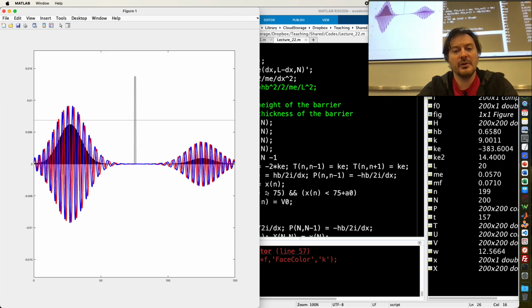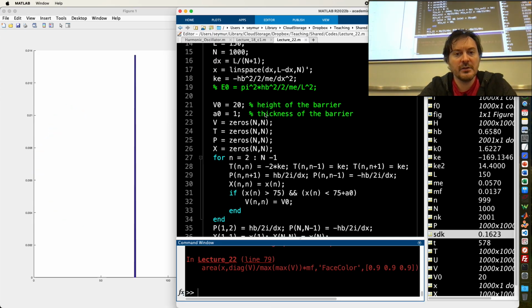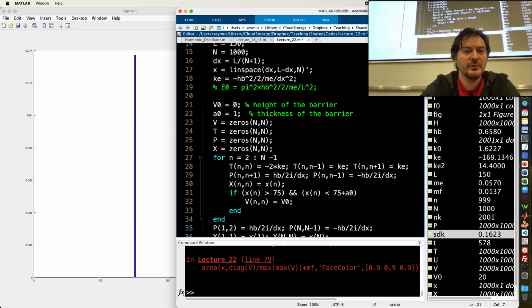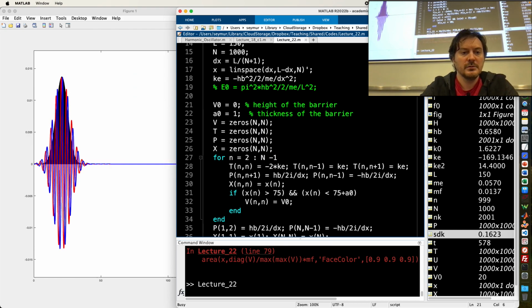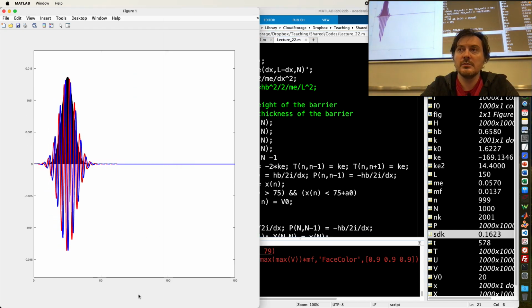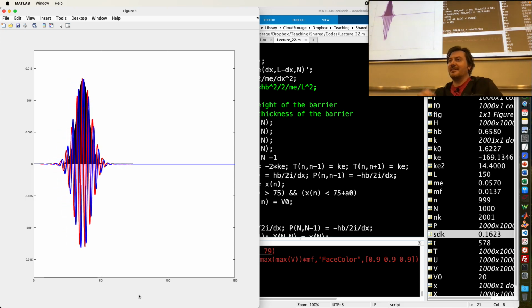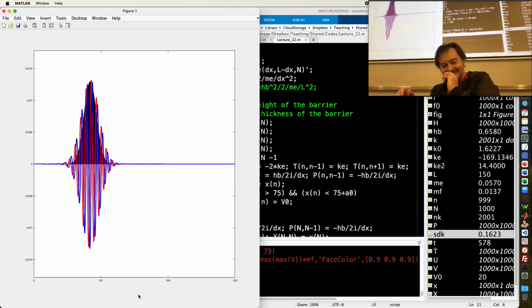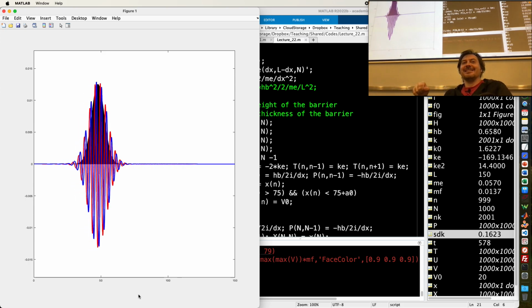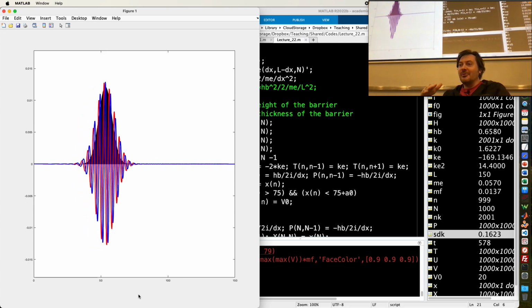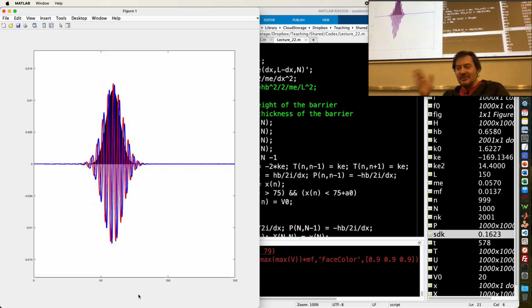But before going there, let me put the barrier to 0. Do we have two electrons now after the barrier? Very good question. No, it's the same electron. It's both on the other side of the barrier and on this side of the barrier.